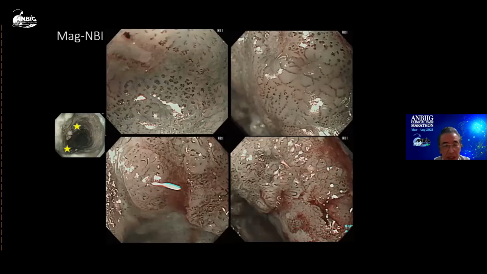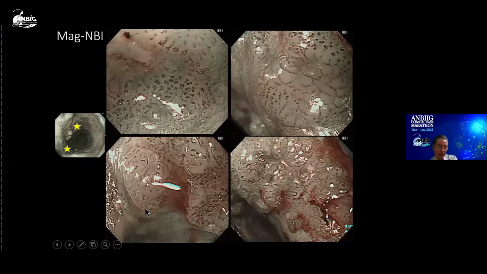Yes, this one. On the left bottom, you can see there are two upgrowths on the center, and a concave, depressed area. So this area is maybe the deepest area. So we can say this part is not B3, but lots of non-loop vessels.